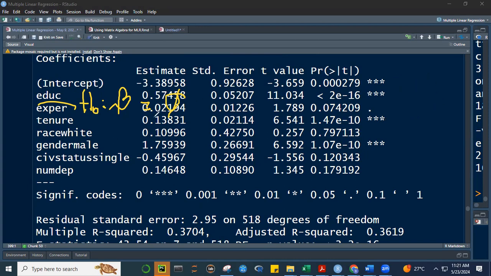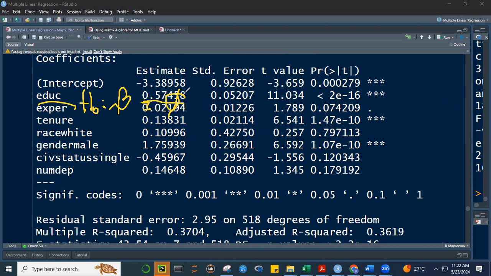We reject this null hypothesis. We're saying that there's a strong statistical reason to believe that the value of the coefficient of education is not equal to 0. In fact, the estimate is 0.57.